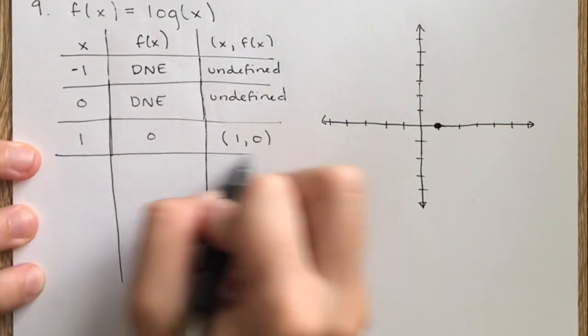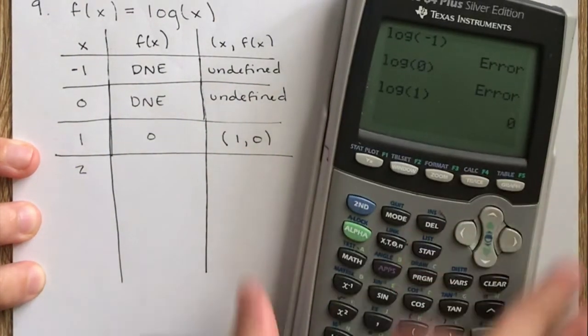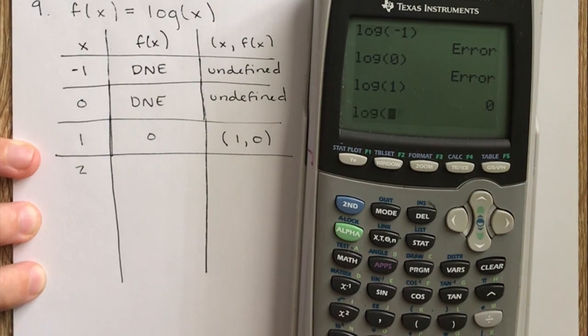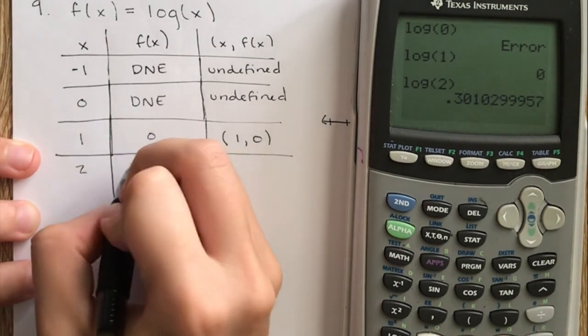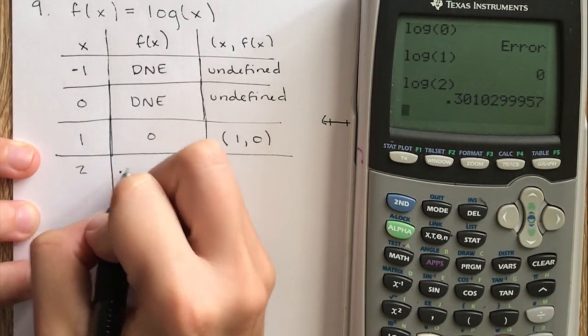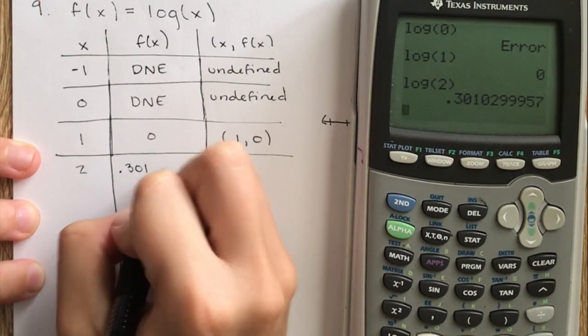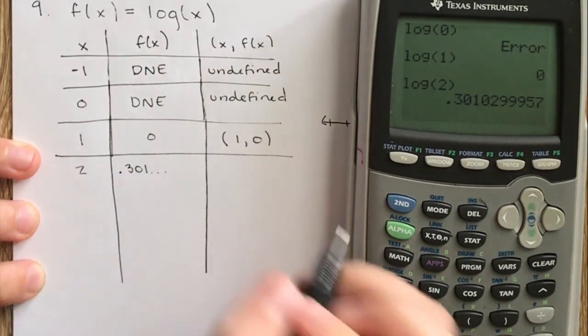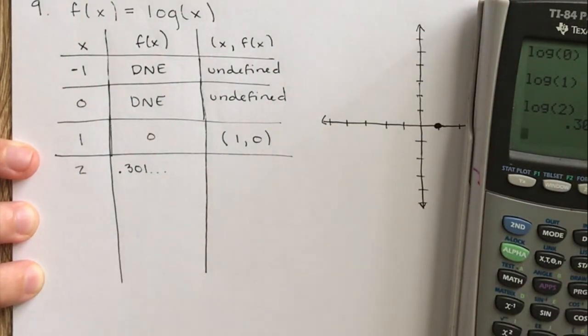Let's try 2. So if I put log of 2 into the calculator, I get a crazy decimal, which is totally fine. 0.301, etc. Just going to round it to 0.301.